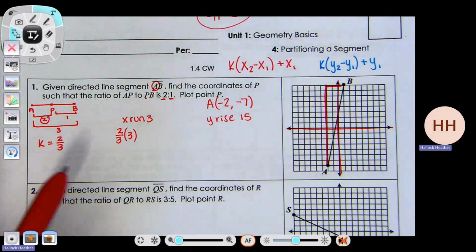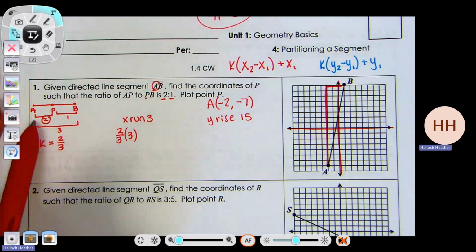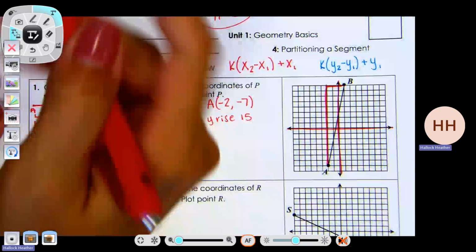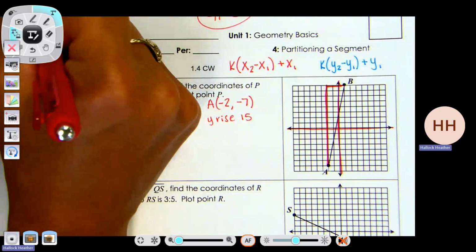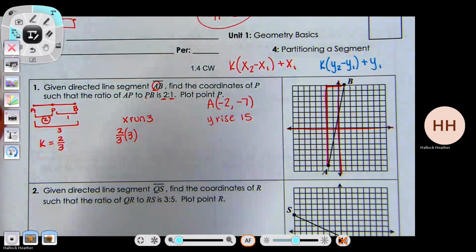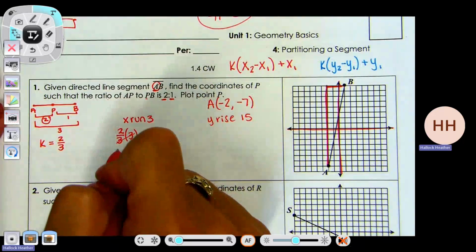The K? 2. Your picture would already have the whole thing drawn. They would tell you the whole length is 5. So the 3's cancel, so it's 2.